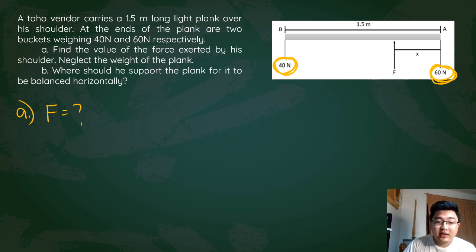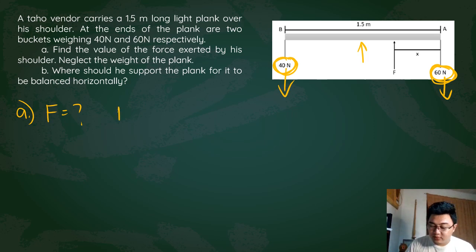So if this is in equilibrium, then we need a force that counteracts these two forces. If these two forces are downward, then we need a force upward to counteract them.